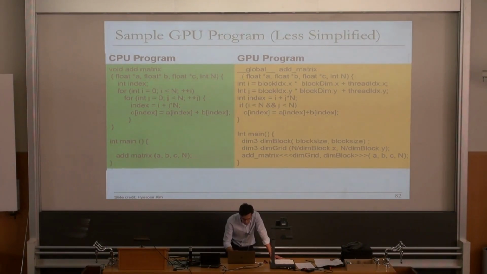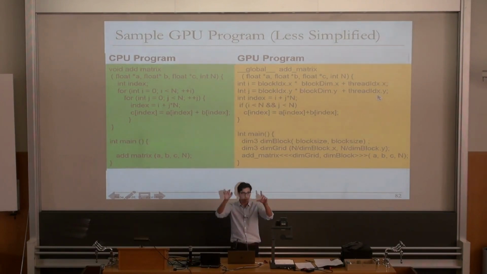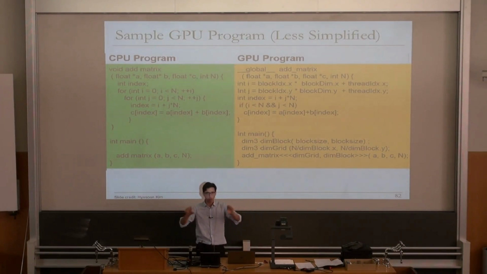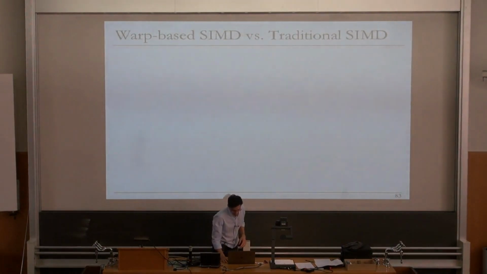Actually, this is for a 2-dimensional organization of threads. As you can see, we have thread index X and thread index Y, because in CUDA we can define threads arranged in a linear way, or 2-dimensional way, or 3-dimensional way.